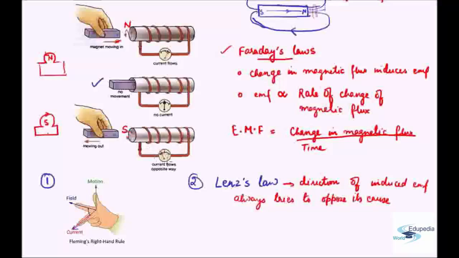Now the basis of Lenz's law is conservation of energy. What it is stating is basically that any system tries to remain in a state of equilibrium. It tries to oppose anything which is trying to undo its state of equilibrium. Thereby, it tries to maintain its energy state. So Lenz's law is basically a resultant of the law of conservation of energy.